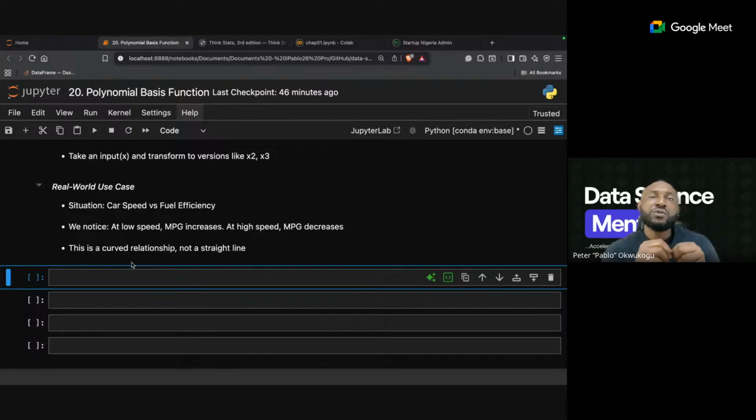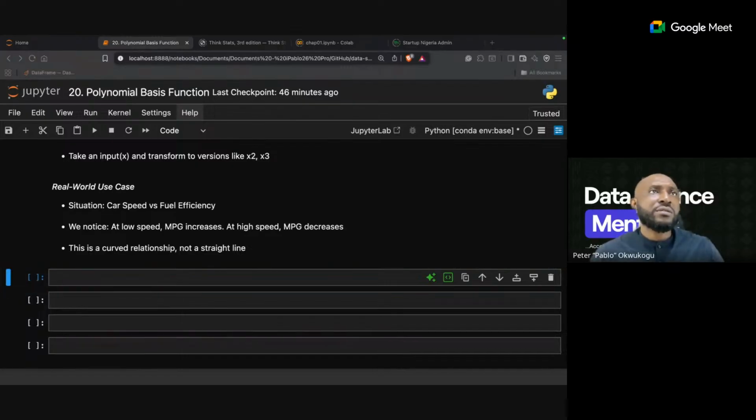So one of the things we want to do is to introduce something called a polynomial feature. The polynomial feature has become so important that sklearn builds a class of its own for it. So what we can do is show how this is a thing.